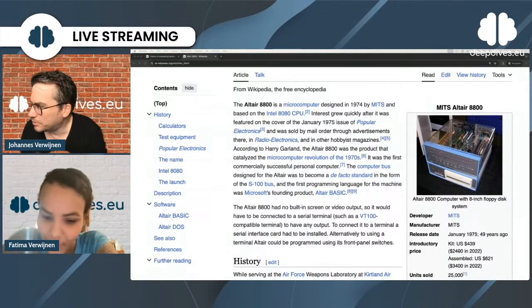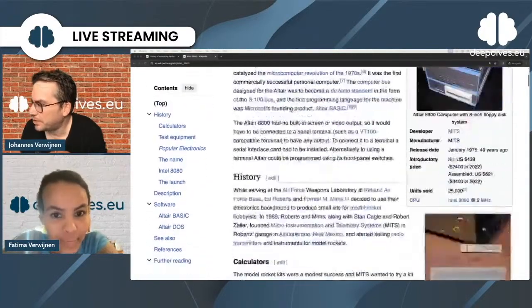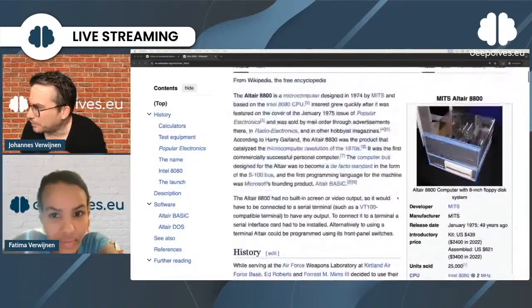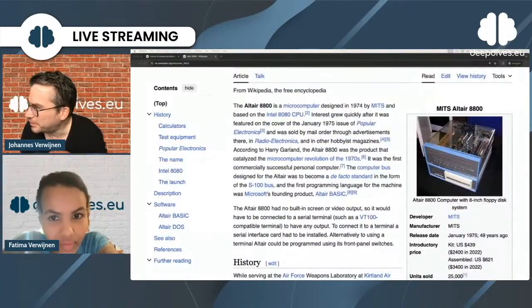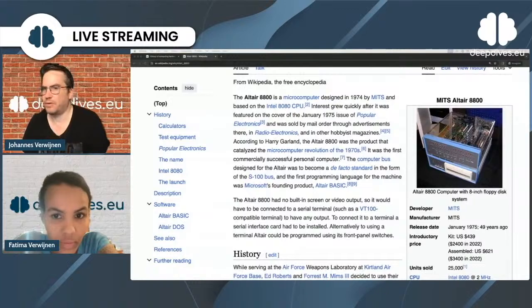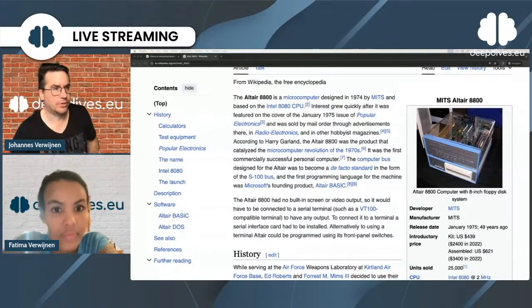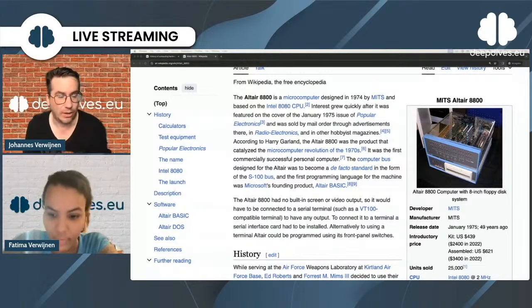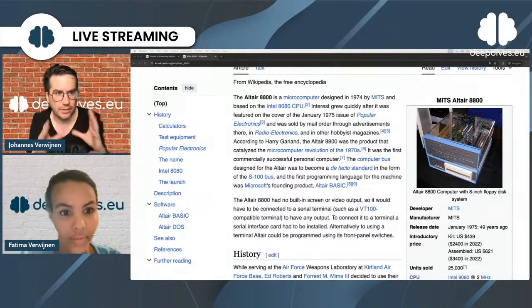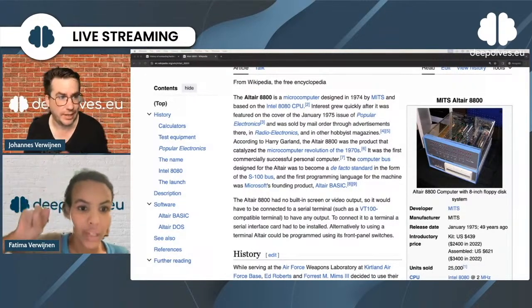Yep. So just looking at the wiki page here quickly. This is what the casing looks like, and just remember that this was back in the day. This was marketed via magazines, right? Back then, that was how specialist fields would communicate.